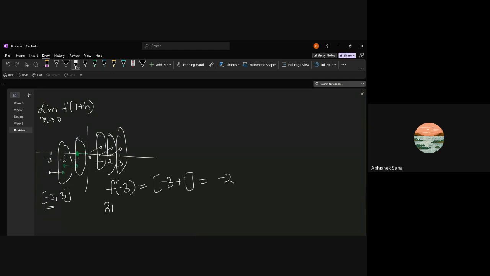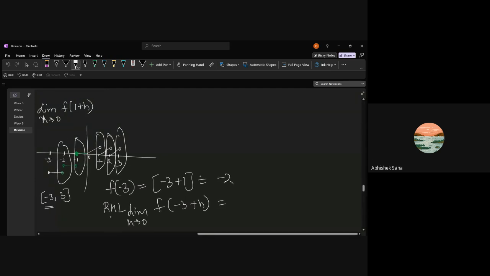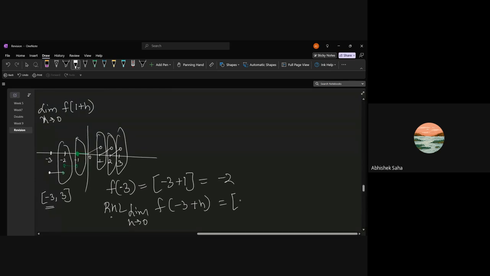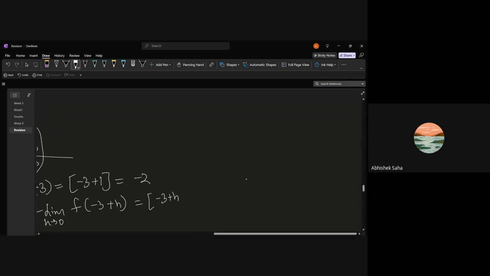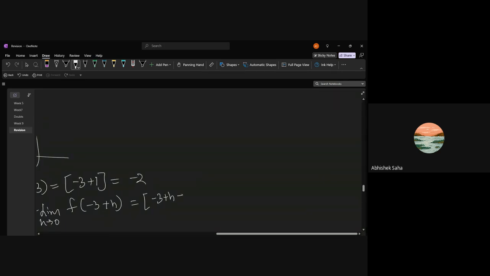What is the right hand limit? Limit h tends to 0, f of -3 plus h. So that is equal to what? Greatest integer of -3 plus h, plus 1, limit h tends to 0, which gives -2 plus h.